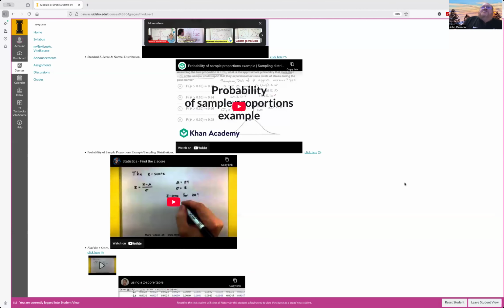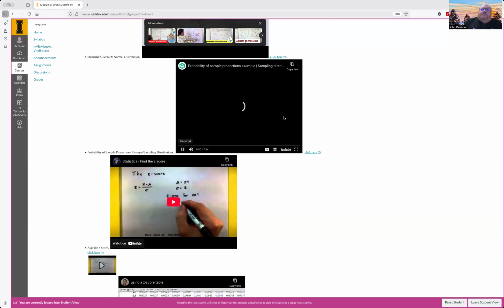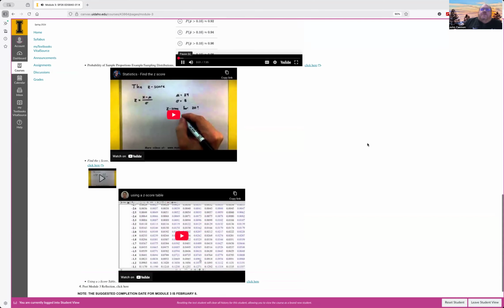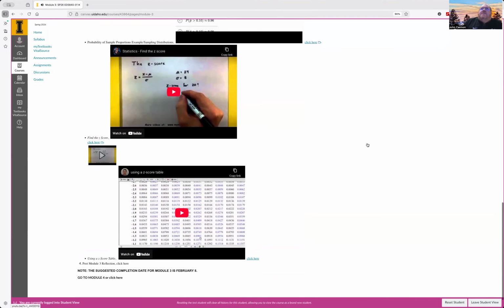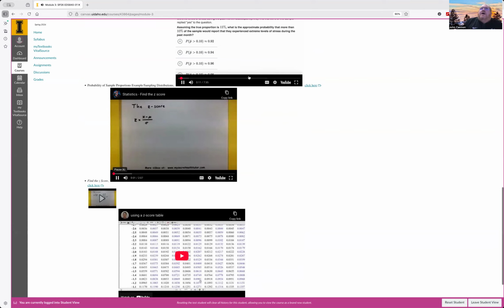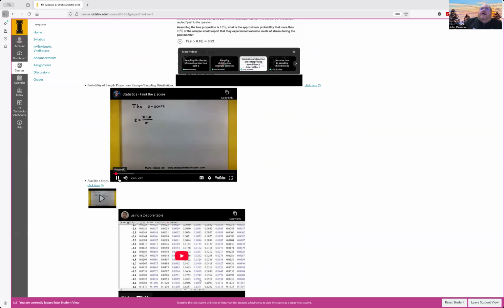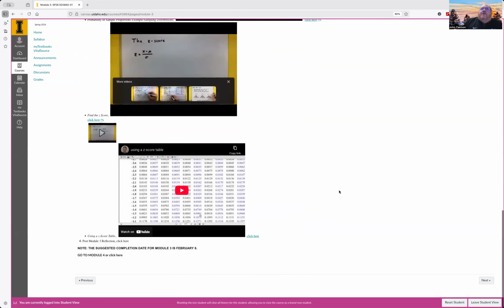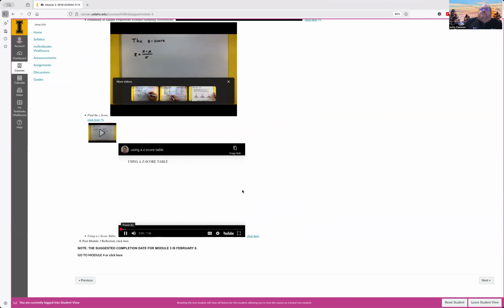Probability of sample proportions, example sampling distributions. And then find the z-score. And then the final one, using a z-score table.